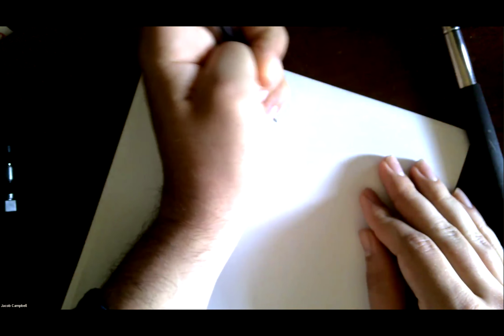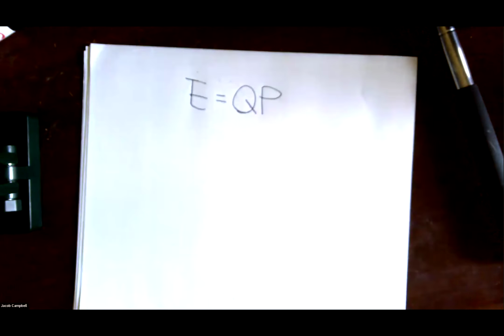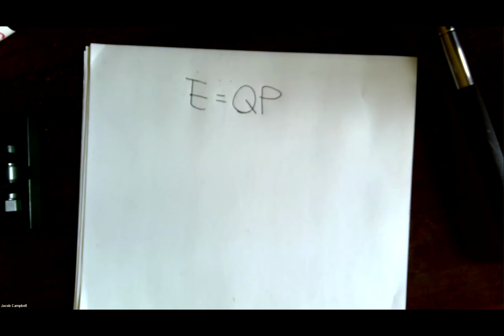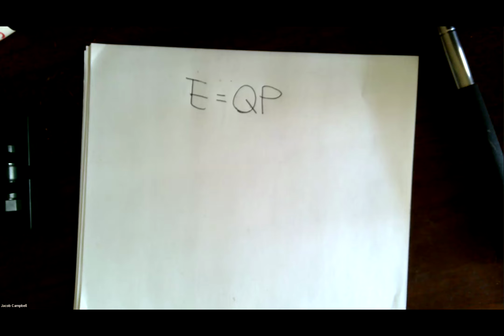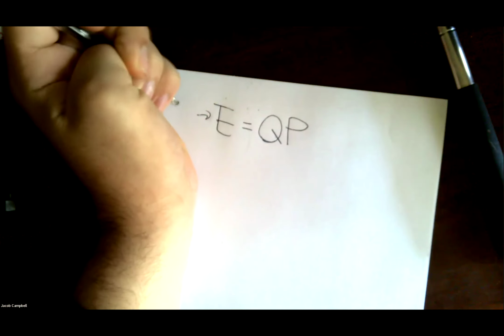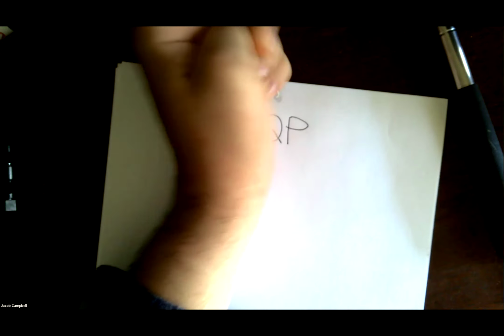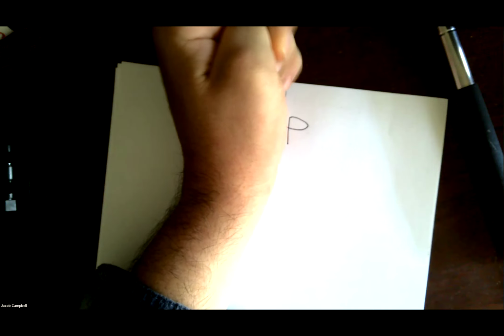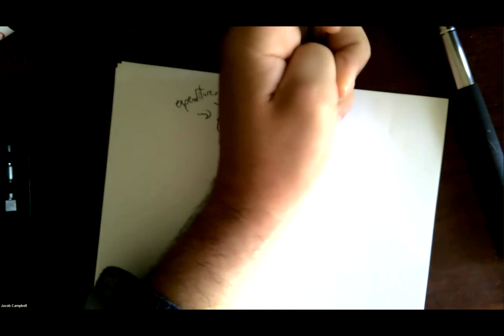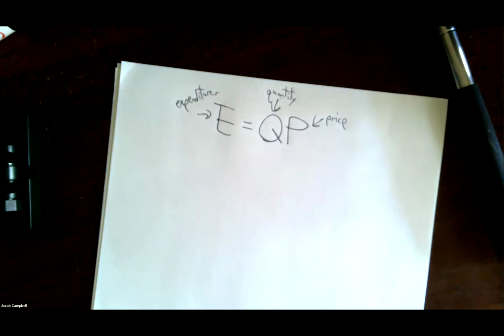So, say that this is your old expenditure level. E is your expenditures or spending, the same thing, synonyms. Q is your quantity, and P is your price. And we want to know what happens after the price changes.